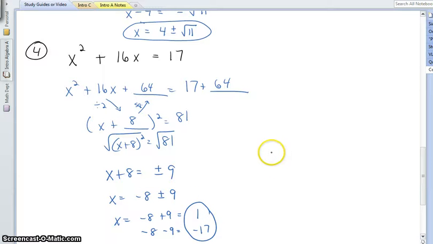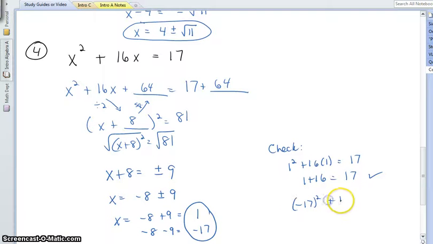You could check your work by substituting 1 squared plus 16 times 1. Does that equal 17? Yep. And then I would have negative 17 squared plus 16 times negative 17. Does that equal 17? And it also does.